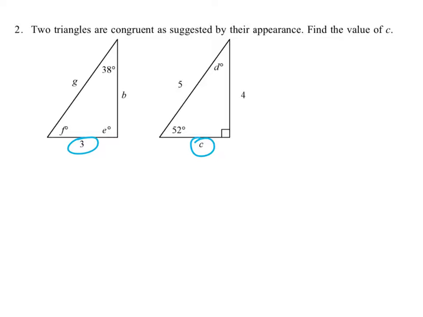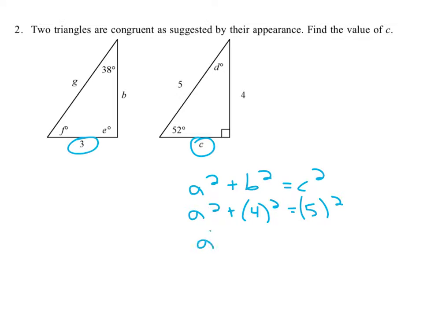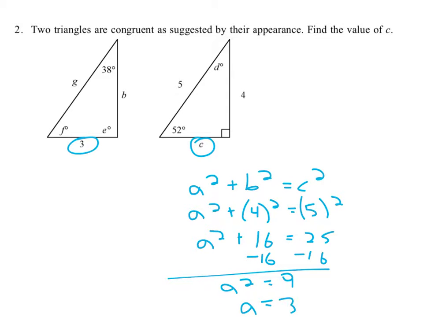But again, as I'd said, using the Pythagorean theorem and knowing this is a right triangle, which allows us to use the Pythagorean theorem, we could say if a squared plus b squared equals c squared, and we know that b is 4, so 4 squared, and c is 5, so 5 squared, then we would get a squared plus 16 equals 25, and subtracting 16 from both sides, we would find out that a squared equaled 9, and therefore a equaled 3.